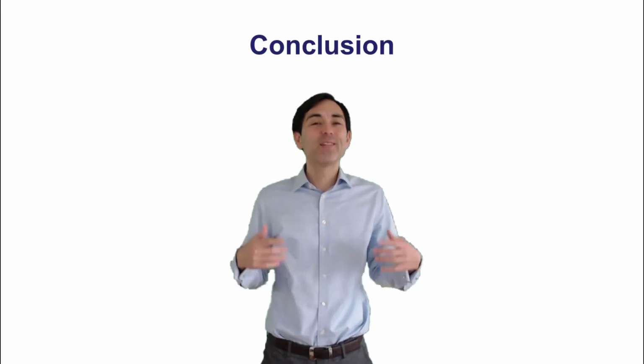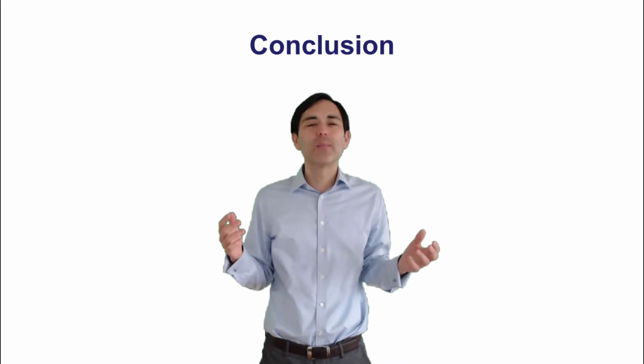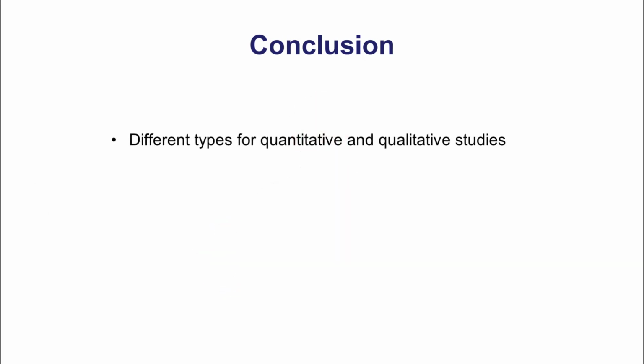Let me conclude. There are different types of empirical papers: quantitative papers and qualitative papers. Depending on what type of paper you're writing, you write a very different results or findings section. For quantitative studies, it's fairly straightforward. Please follow a template.